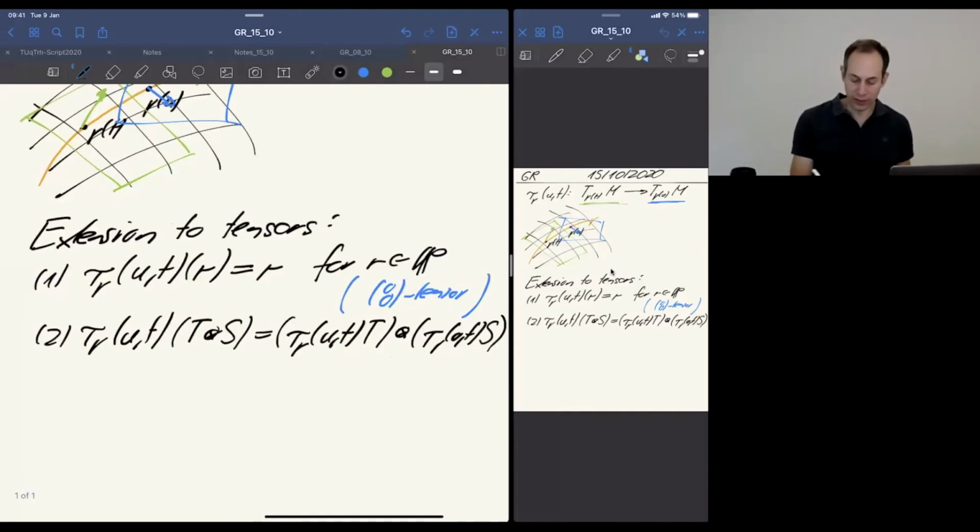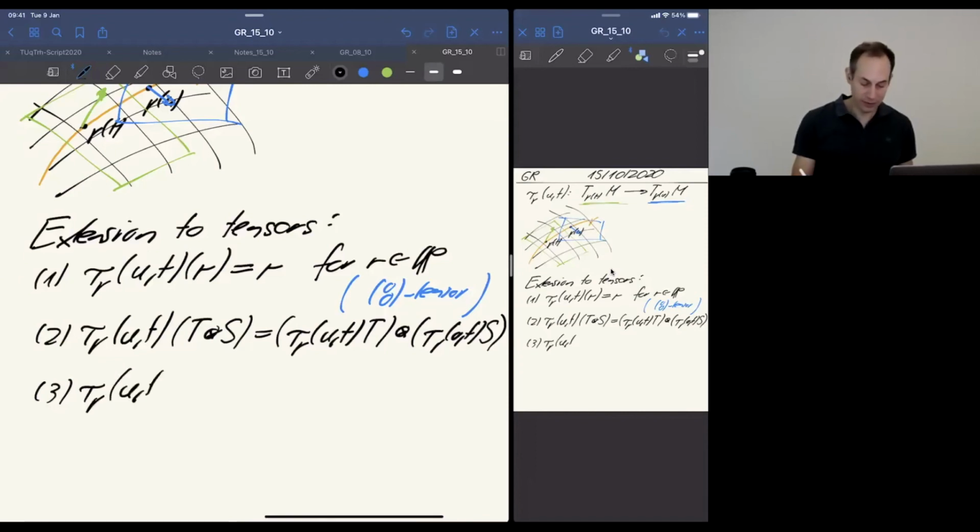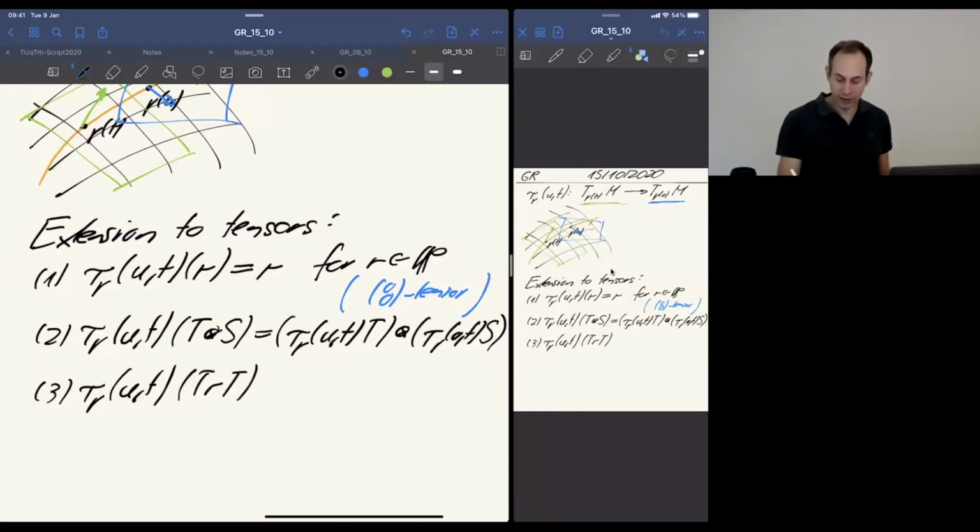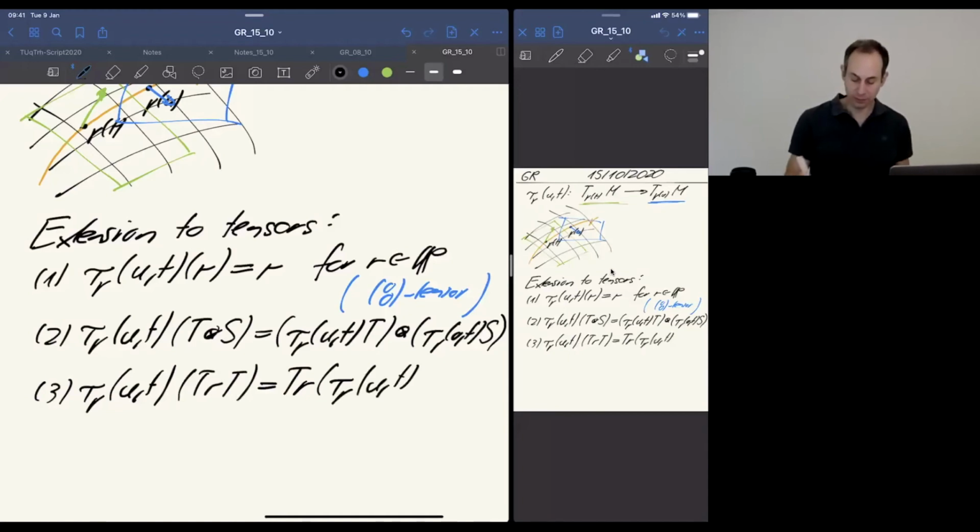So we could also say the tensor product commutes with the transport map tau. And then finally, we have something that we have already seen similarly for Lie derivatives or for flows, where the flow commutes with the trace, and the same is true for this transport map. It commutes with the trace.